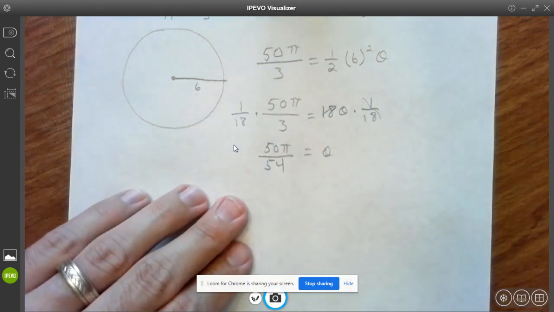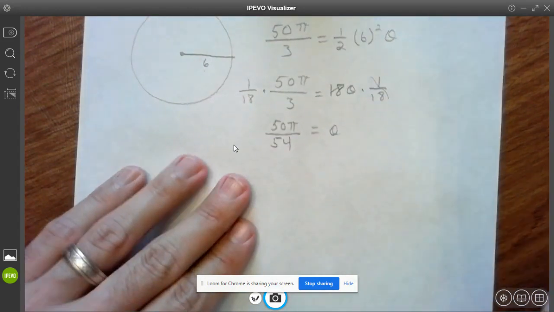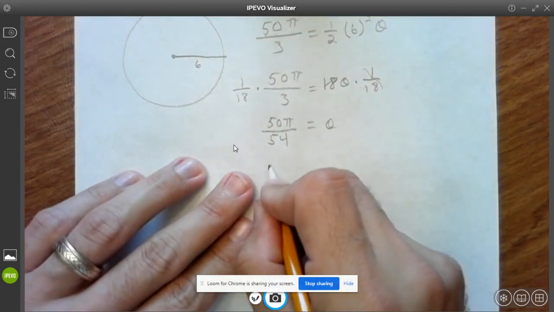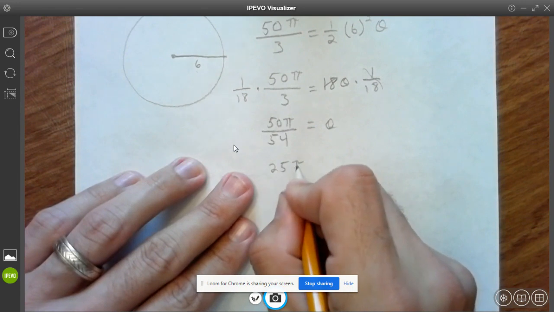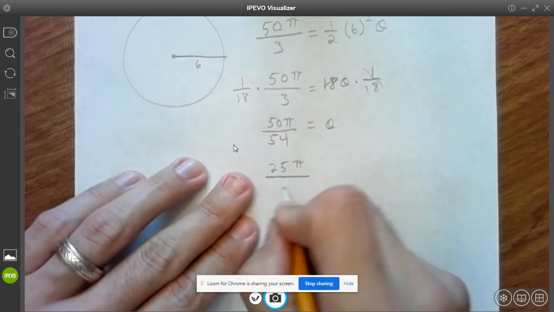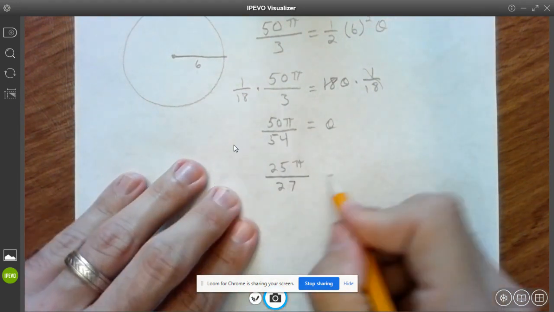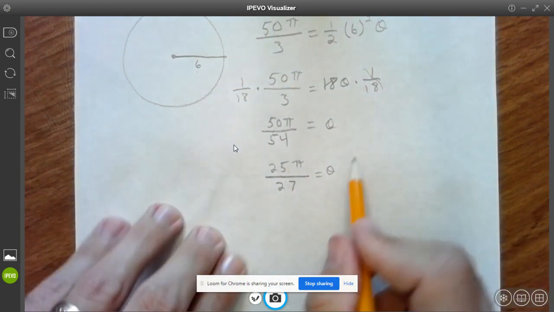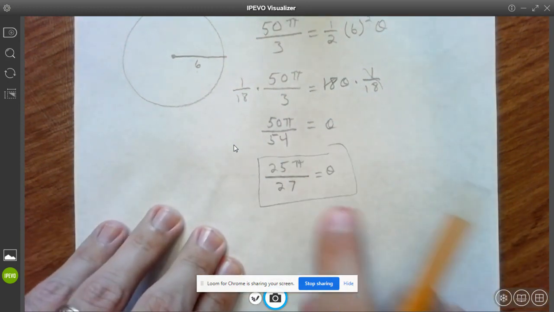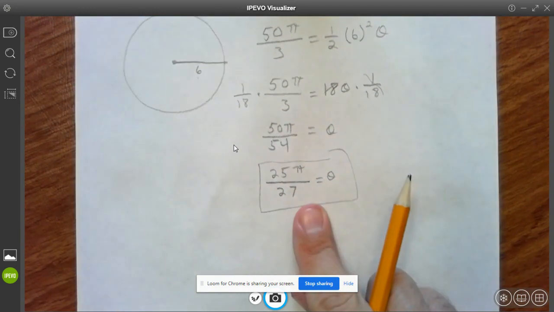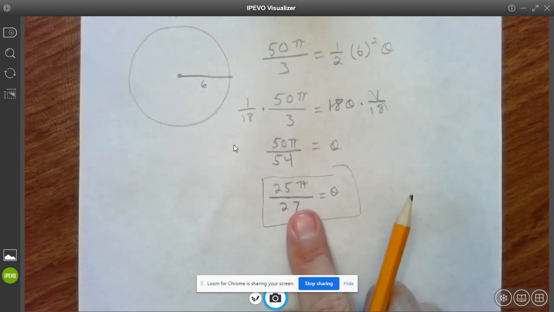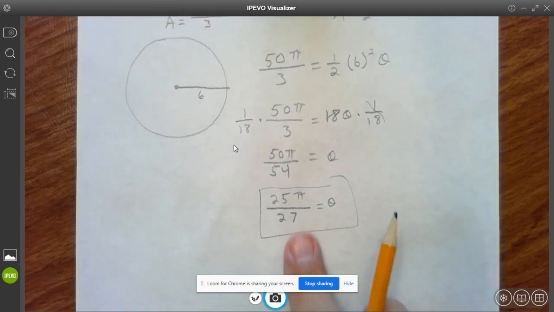You just want to simplify that. If we divide by 2, I get 25 pi over 27, and that won't simplify anymore. So that can be our nasty theta. That's kind of hard to deal with. You might want to convert that to degrees. It just depends on what the question's actually asking.